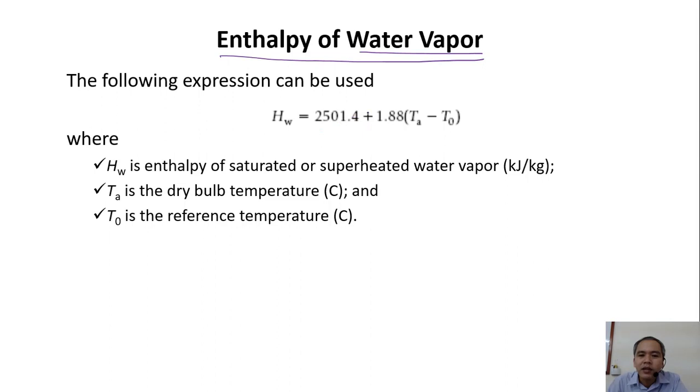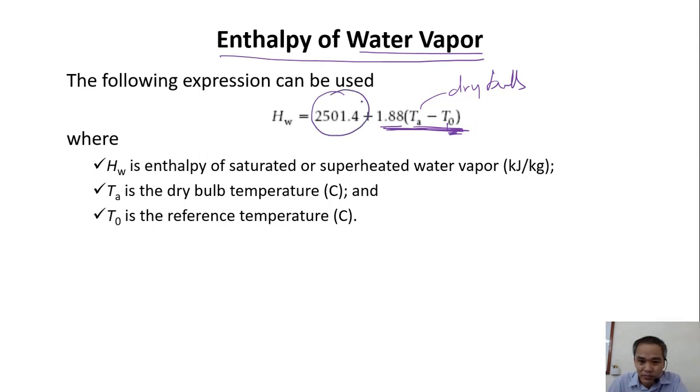Enthalpy of water vapor. This is the enthalpy of water vapor in the air. This is normal, we already know, the Cp of vapor multiplied by the difference in temperature. This is the dry bulb temperature of the air. This is the reference temperature, but you have to add this.